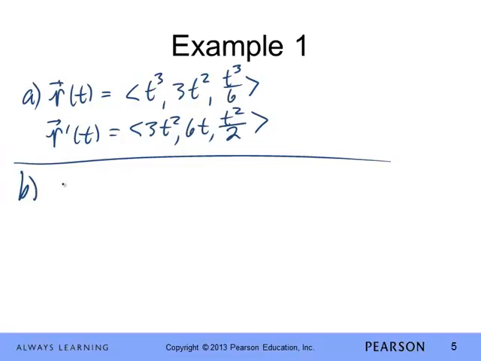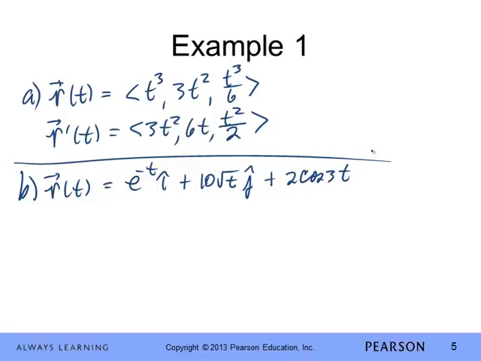Part B, we have r of t equals e to the negative t i hat plus 10 times the square root of t j hat plus 2 cosine 3t k hat. Calculate the derivative. Again, you just go through each individual component. What's the derivative of e to the negative t?